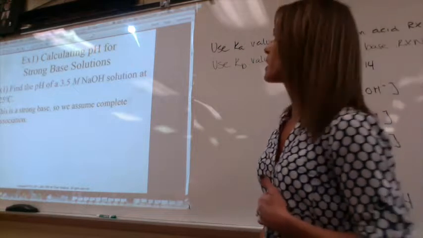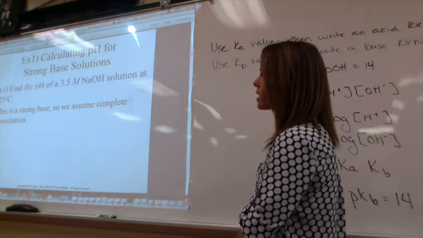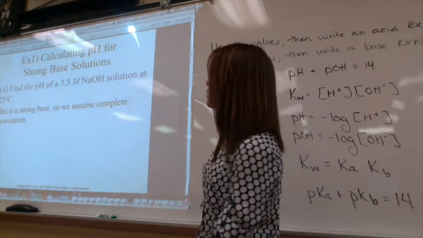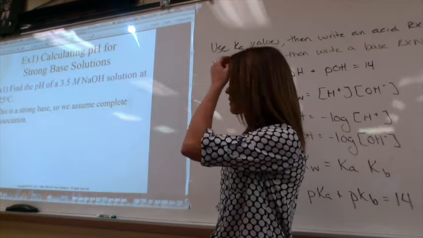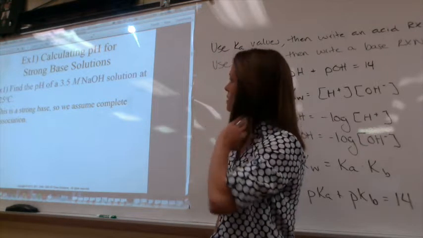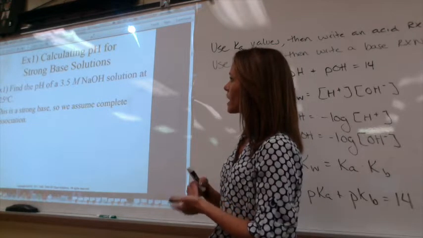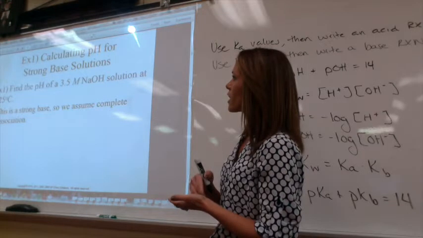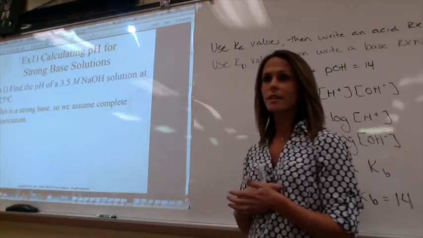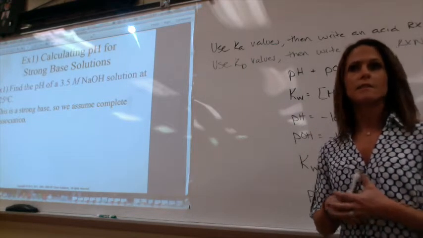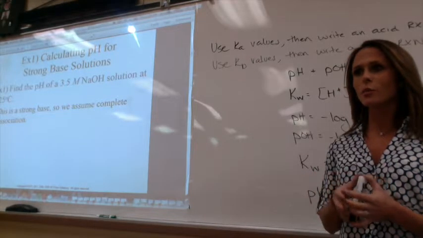All right, calculating pH for strong base solutions. Pretty simple, we did this yesterday. Find the pH of a 3.5 molar sodium hydroxide solution. I added this in earlier today, we already saw this. Since it's a strong base, we assume complete dissociation. If you wanted to find the pH of it, you have to recognize that you're actually finding pOH first, right? Or you can do what? If you're given the 3.5 molar sodium hydroxide, what's the other approach?